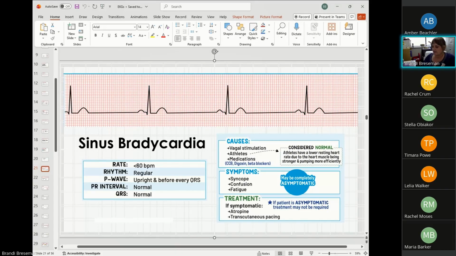Because an athlete may tolerate a heart rate of 53 without any problem, and there's no need for treatment because they are completely healthy. Whereas somebody who is 70 something and their heart rate drops down to 50 something, they're not going to be okay. And so how do we know? How do we know if our patient's okay with a heart rate of 50 or not okay with a heart rate of 50?